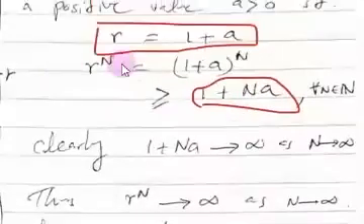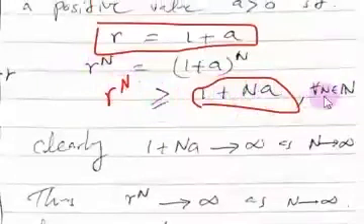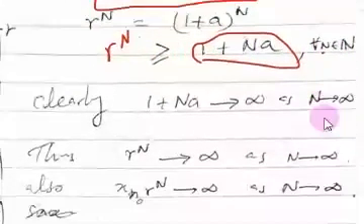So this is true. That means r to the uppercase N is greater than or equal to 1 plus uppercase N times a. This is true for all uppercase N, which are natural numbers. It could be 1, 2, 3, 4, 5, like that.